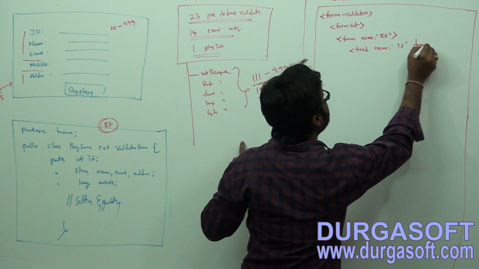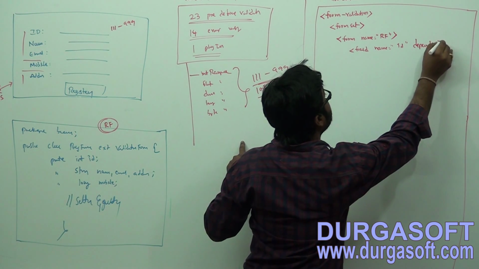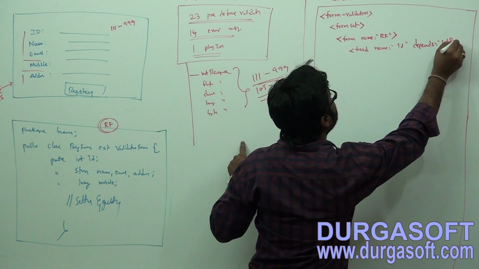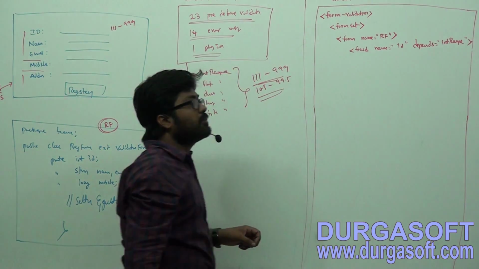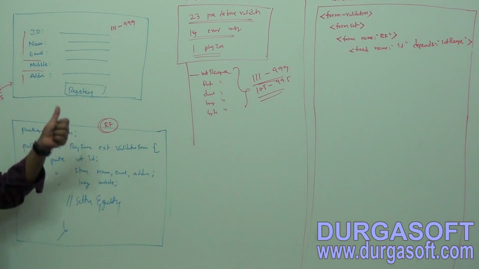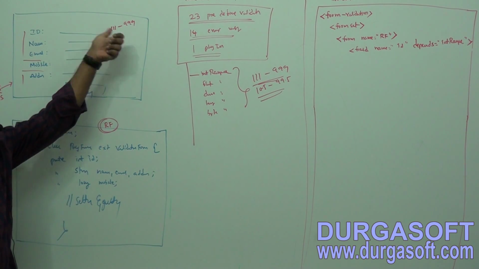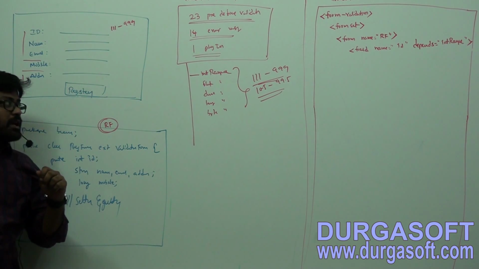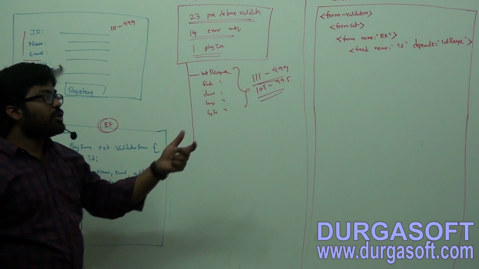So that validator name you have to apply here by using depends: depends is intRange validator. What will it check? It needs to check the range between 111 and 999, which is my required input. In case of any other validator, if you want to change that input dynamically, it needs to provide that support.